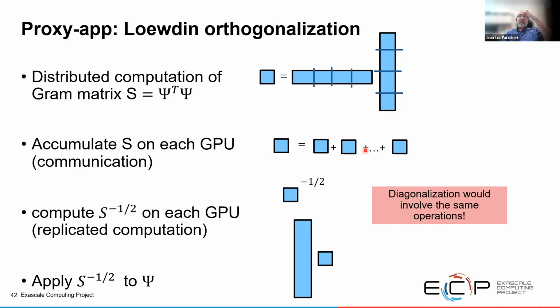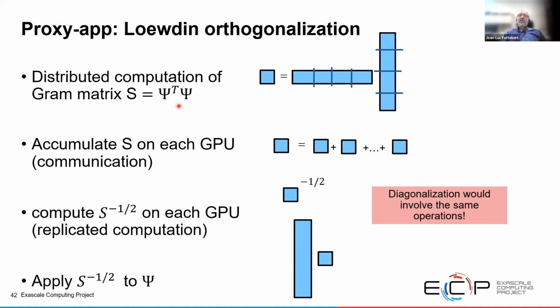Now, if you look at it from the point of view of data distribution on a computer and our main operations, one thing we did a few years ago was try to evaluate this strategy using a proxy app, which is essentially an orthogonalization, which we call a Löwdin orthogonalization.